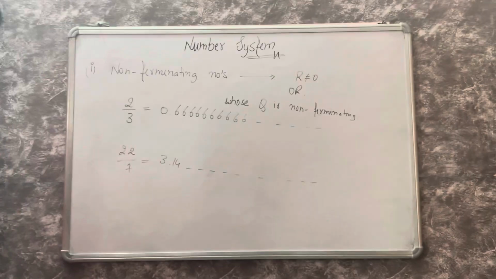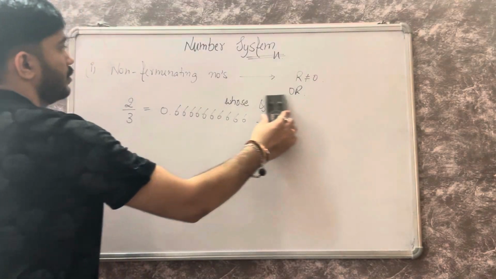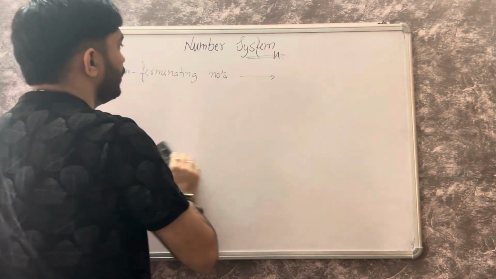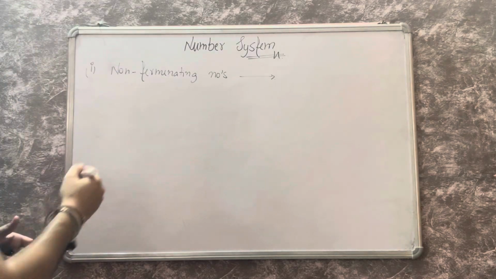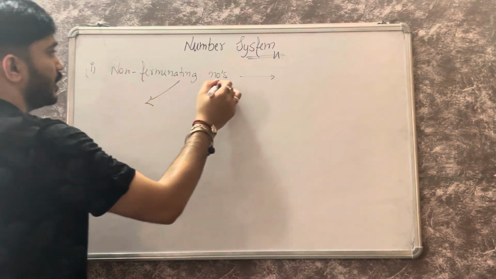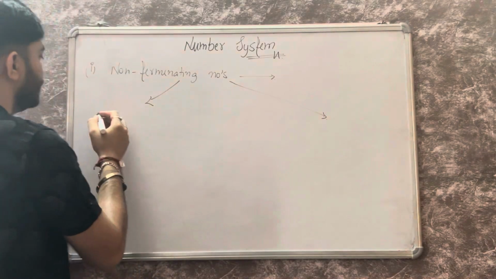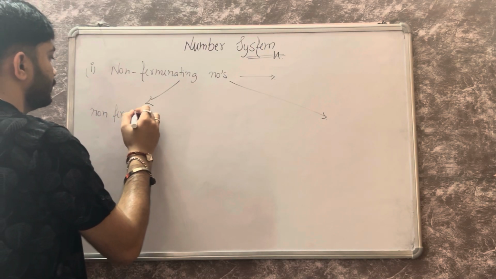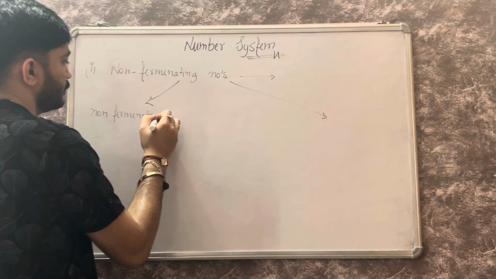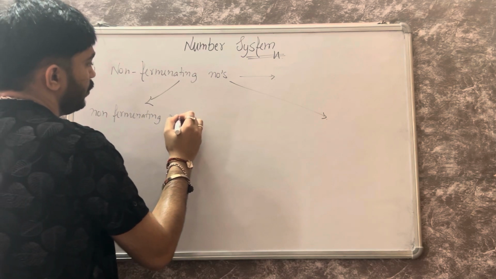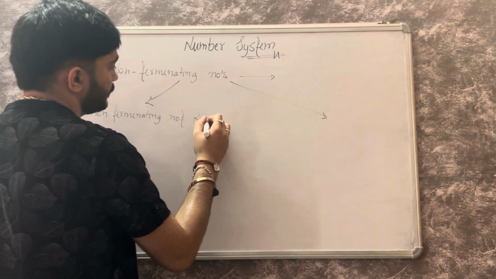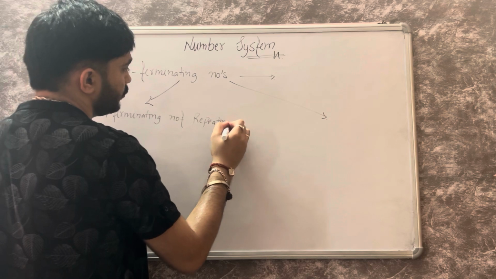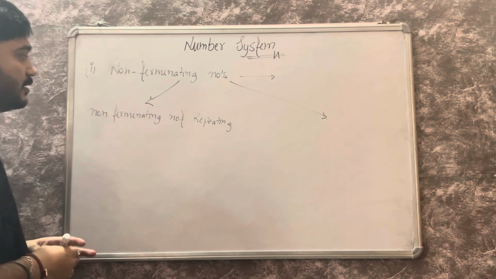Now, a non-terminating number is of two types. Firstly, it is known as non-terminating, non-repeating, or in some books, non-recurring is given.